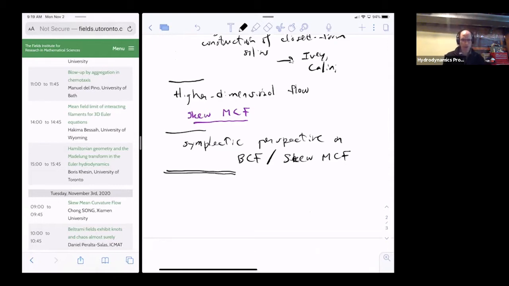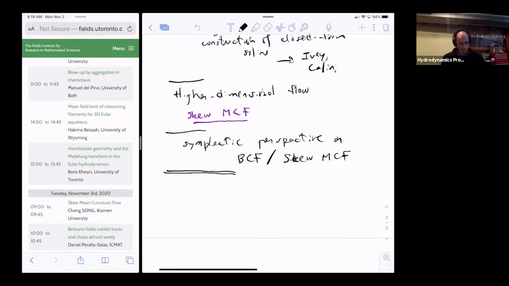If one wants to derive these equations, the binormal curvature flow, from Euler or in Navier-Stokes, one might also expect to see these kinds of phenomena. Then you have to consider these equations with initial data with very concentrated vorticity. And this leads to challenging questions, even of basic existence results.